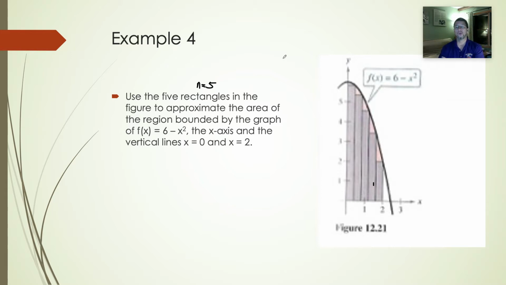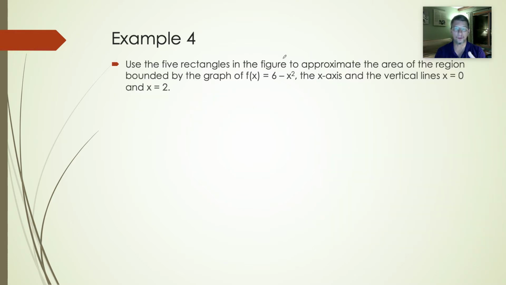Look at this picture very carefully. We have 5 rectangles, and they range from x equals 0 to x equals 2, so each rectangle has a width of 2/5. We're dividing a length of 2 into 5 parts, so each part is 2/5.